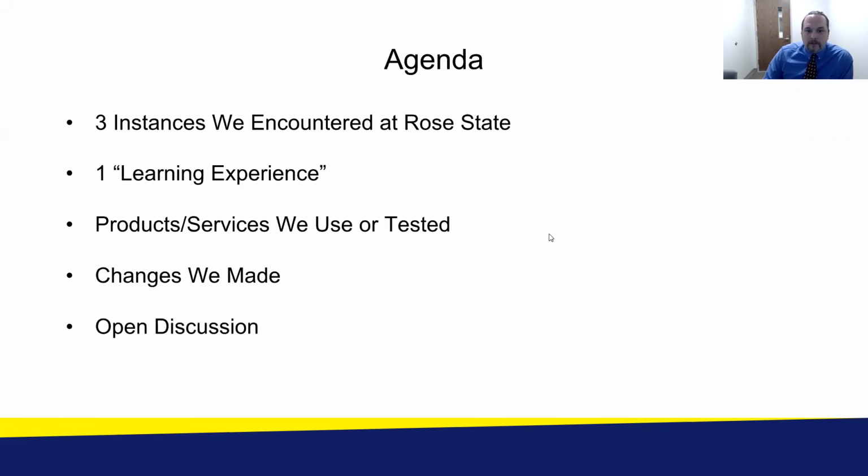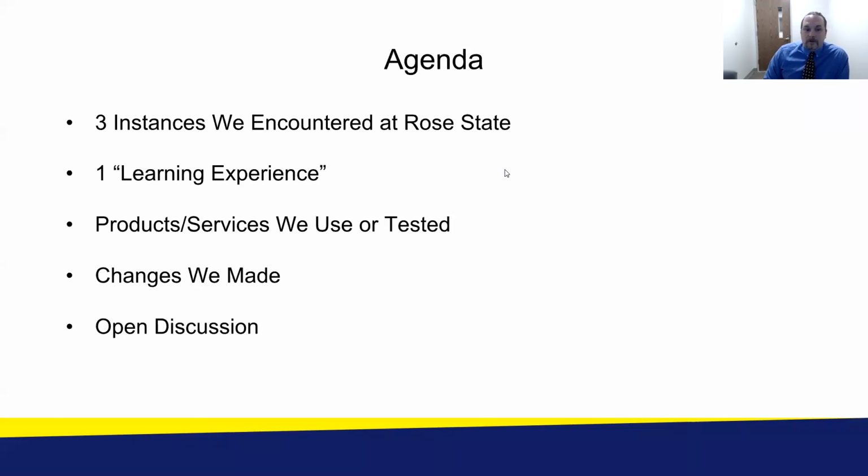And while that polling is going on, I'm going to go ahead and give you the agenda. So the first thing that I'm going to talk about this morning is 3 different instances of academic dishonesty that we encountered here, the product, tool, or policy that we used in order to catch that instance of academic dishonesty.